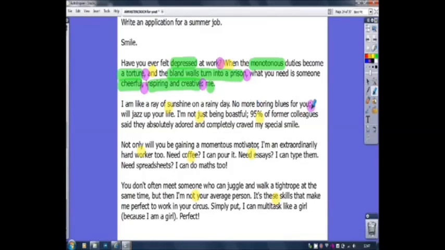We've got linked sentences using the semicolons. She's really thinking about crafting these sentences. Down here we've got a one-word sentence again with an exclamation mark. She's realised she's got to use brackets, and inside that bracket is the punchline. I can multitask like a girl because I am a girl.